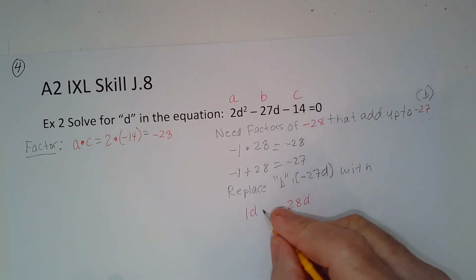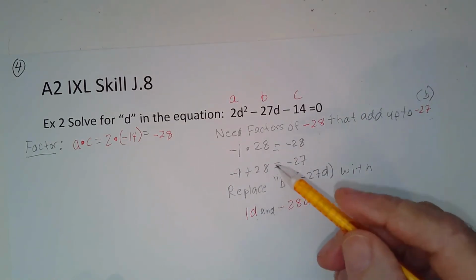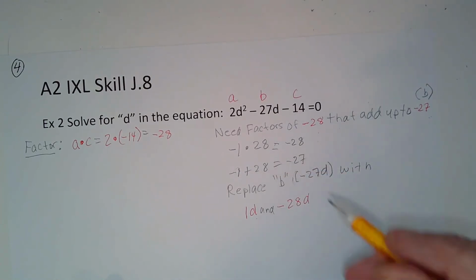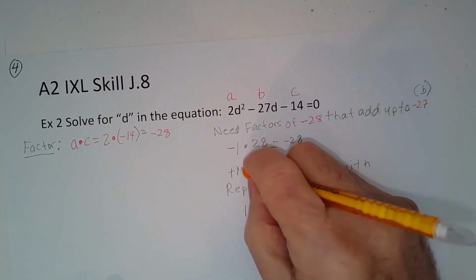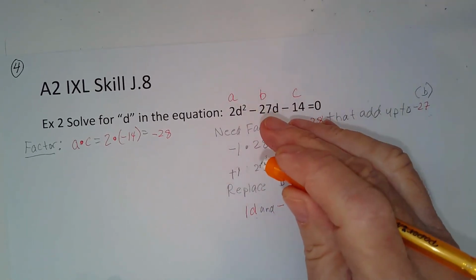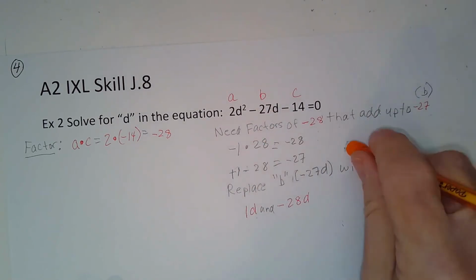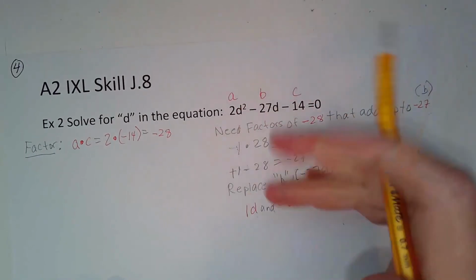So here's the negative 1. And let's see, this is positive 1, I'm sorry. And this is negative 28. Let me see if I did this right. Positive 1, negative 28. I wrote these down wrong.